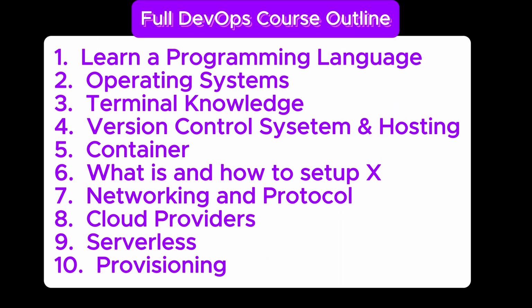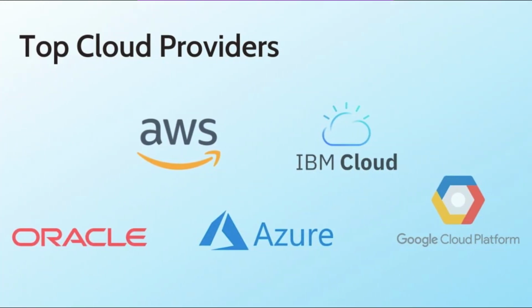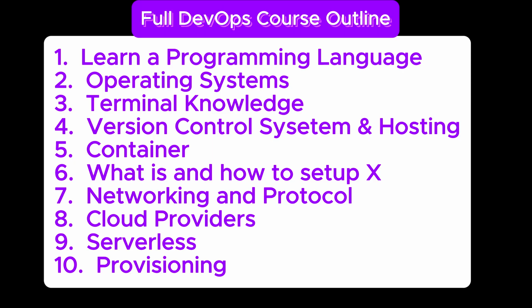And then we have cloud providers. You must have knowledge of cloud providers like AWS, Azure, or Google Cloud. Whatever cloud provider you choose, no matter. In DevOps we will be using either AWS or Azure.